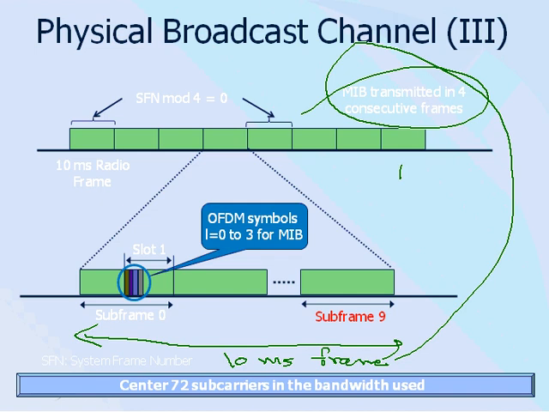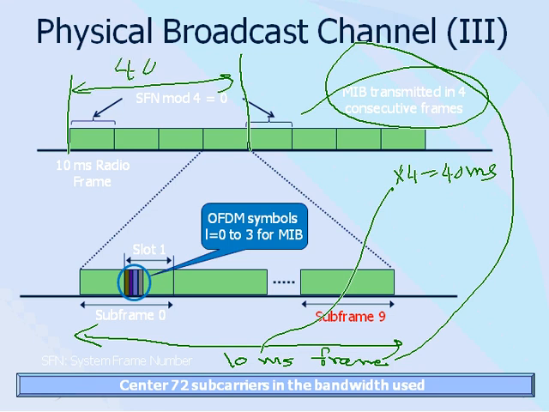So 10 milliseconds multiplied by 4 is 40 milliseconds. So this is that 40 millisecond window. Within the 40 millisecond window, the same information is inside every single frame. So let's pick this frame.